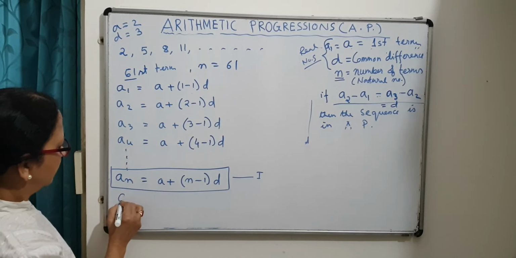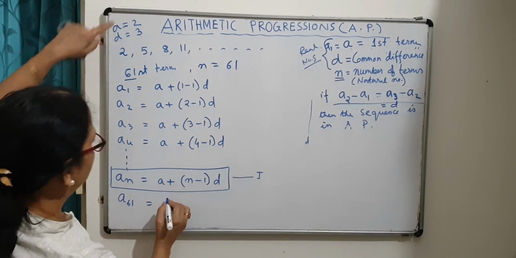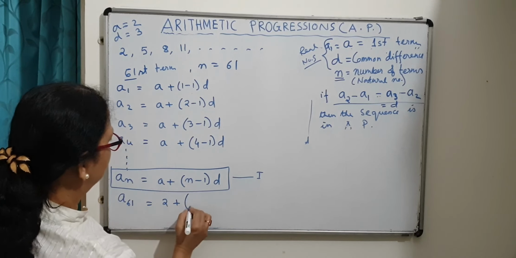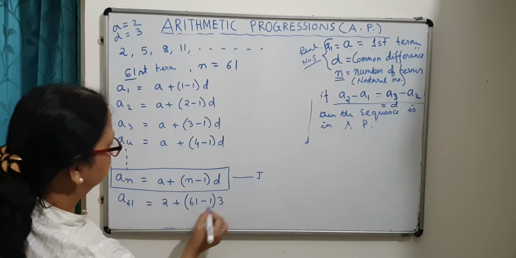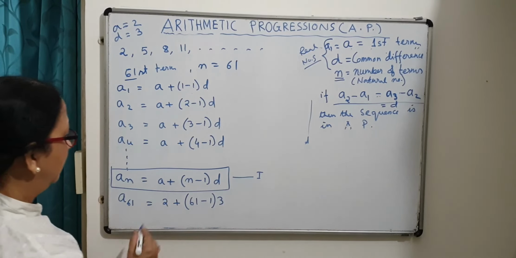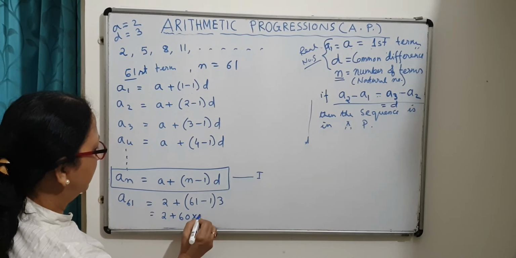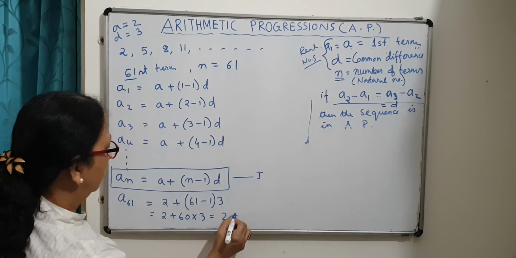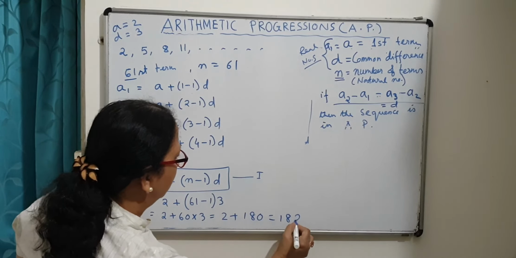So the 61st term is a61. What was a? a was 2, plus n is 61 minus 1, and d was 3. So I simply put the values in the formula. So this is 2 plus 60 into 3, so it is 182.